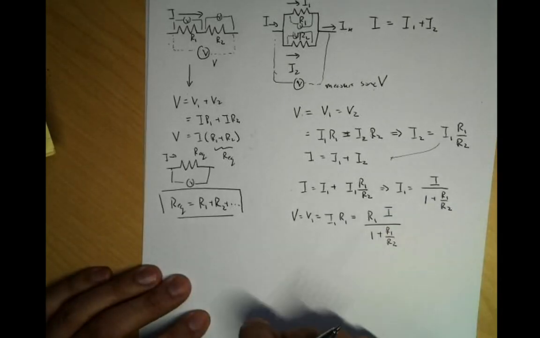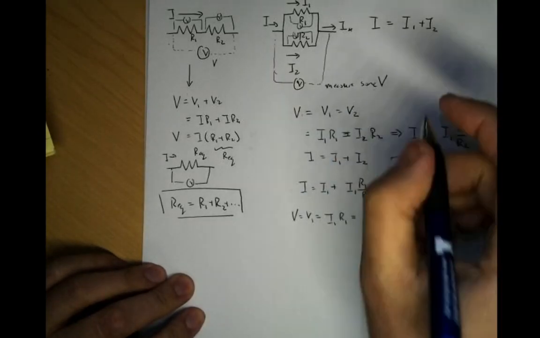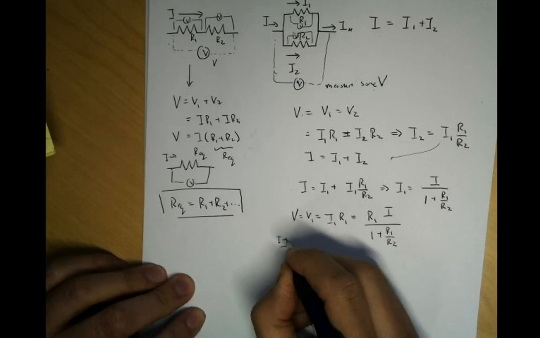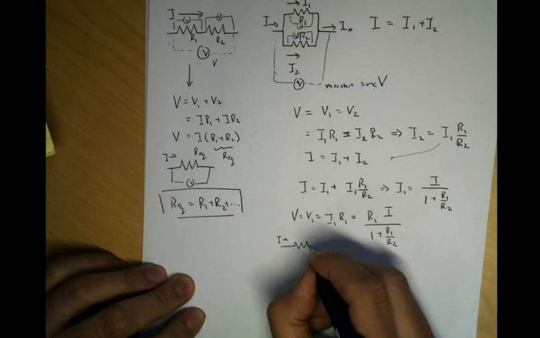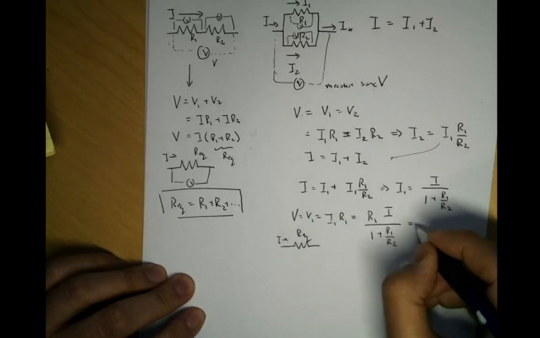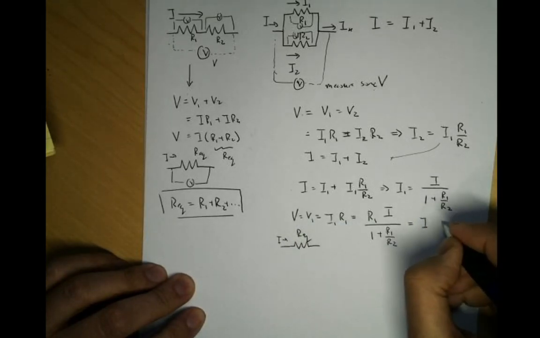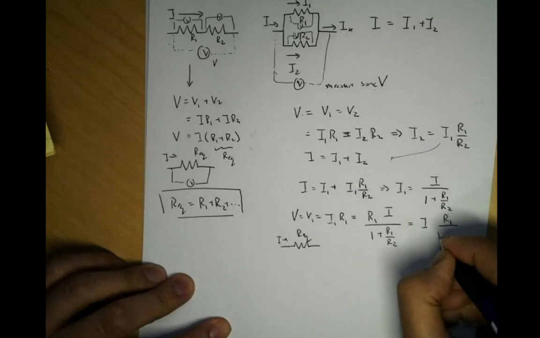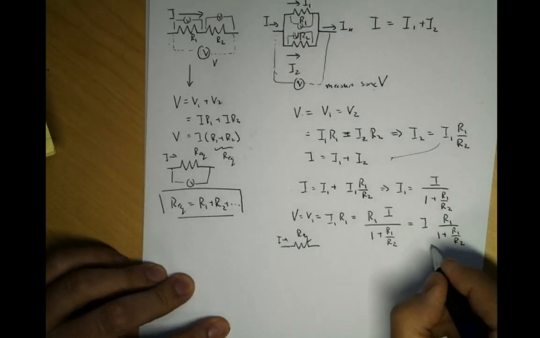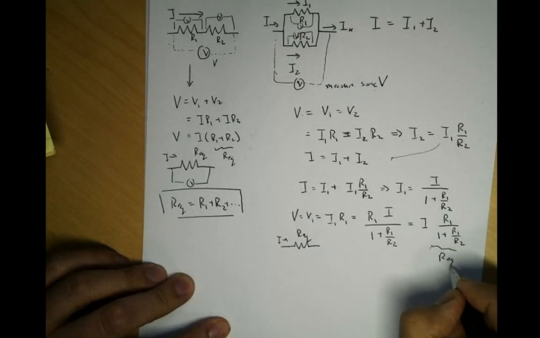Again, I could replace it with some equivalent resistor, with I flowing here. This is R equivalent. So if you write this out, this is I times R1 over 1 plus R1 over R2, and that is R equivalent.